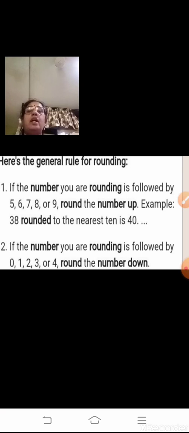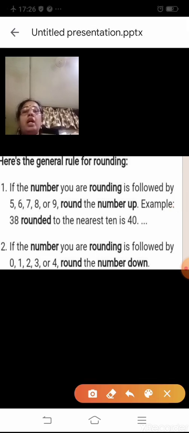Suppose 38. After 3, it is followed by the number 8. So when you round off the number 38 to the nearest 10, it becomes 40.